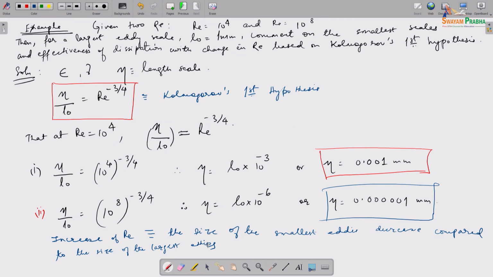So basically what we're saying is that if I increase the Reynolds number, the smallest eddy size becomes smaller, right? If Re increases, the size of the smallest eddy decreases.